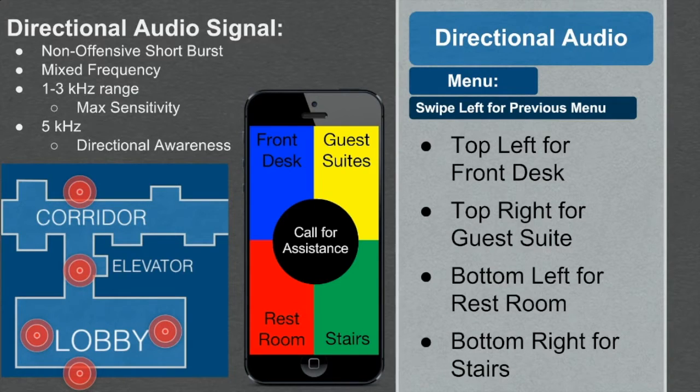To maximize use of this audio signal, it will be a mixed frequency signal ranging from 1 to 3 kilohertz in frequency, which is the sweet spot for maximum sensitivity in hearing for most people. The trouble with that, though, is it doesn't give you very good directional indication within that frequency. So we'll also add a component that is in the 5 kilohertz range, which will provide much better directional awareness.